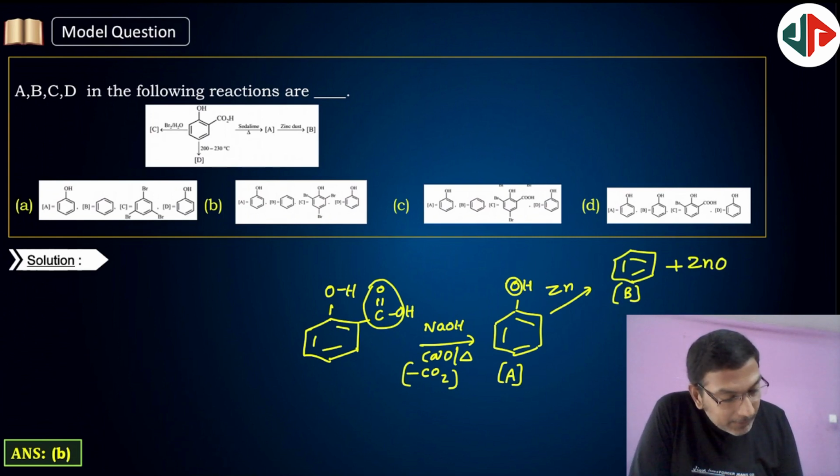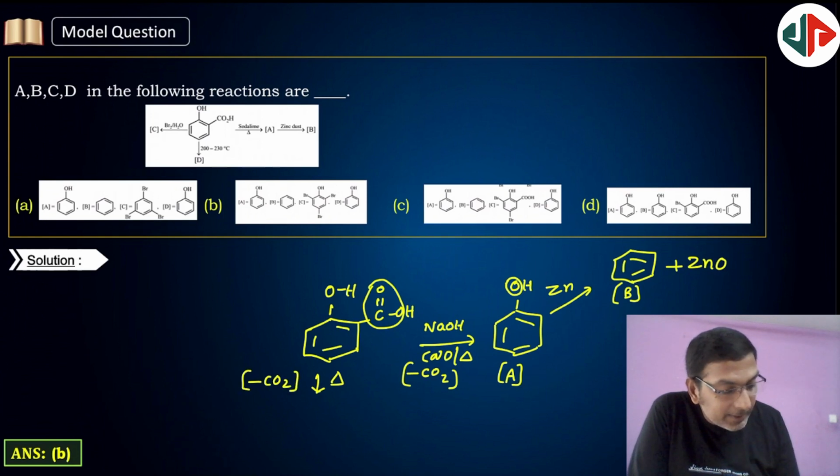What is compound D? Heating. Compound D, which on heating, CO2 will be eliminated again. Decarboxylation, it gives phenol again. That is compound D.